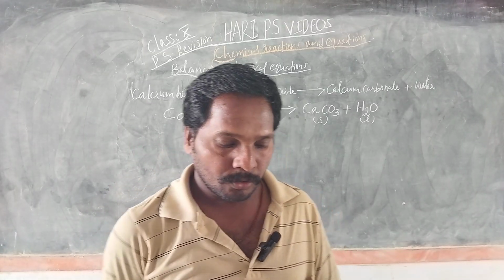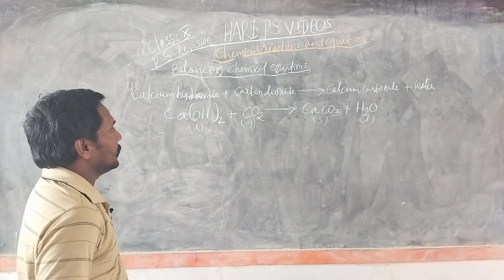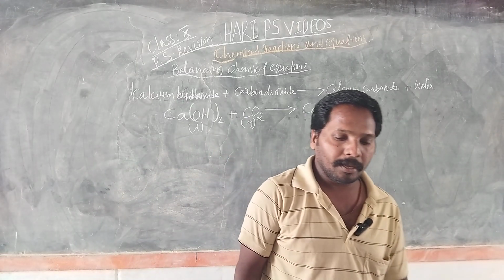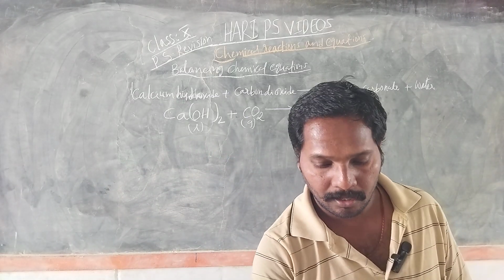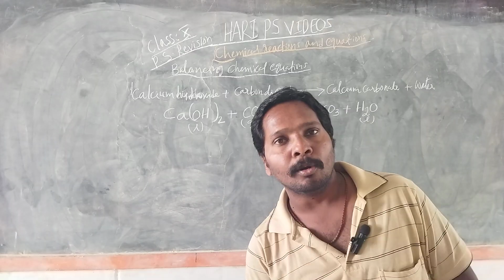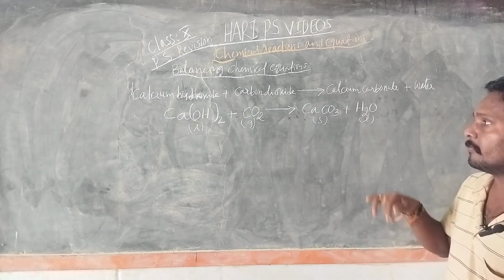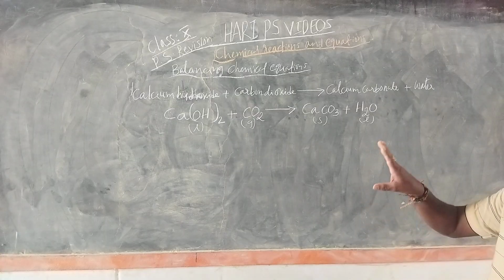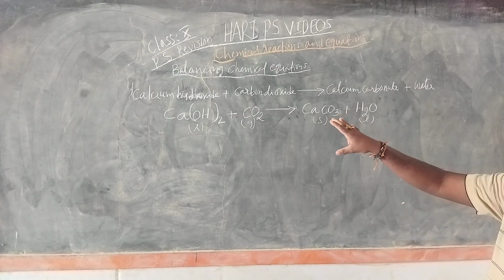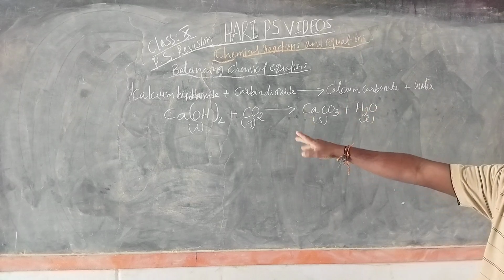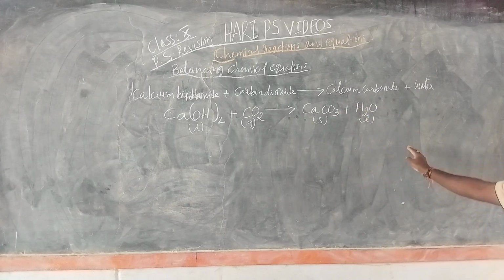Then next, what to do? Balance the chemical equation by multiplying the symbols and formulas by the smallest possible number. Before that, let us find how many atoms there are on both sides, the reactant side as well as the product side.